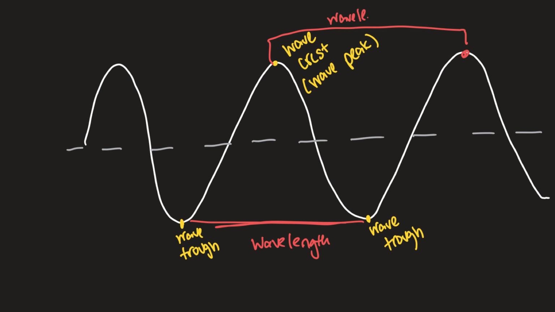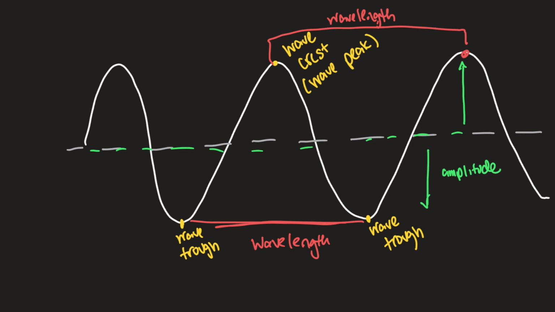And really, you're just looking at the length from one trough to the next, or from one peak to the next. This center line that you see here is kind of like the center of the wave. And so from the center to either the peak or even to the trough, because they're the same distance, we call that the amplitude of the wave.